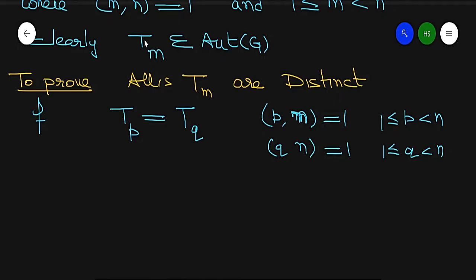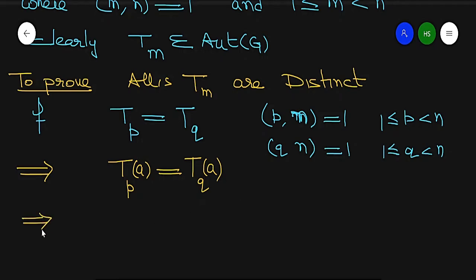So if these are equal, then Tp(a) equals Tq(a), where a is a generator of our cyclic group.